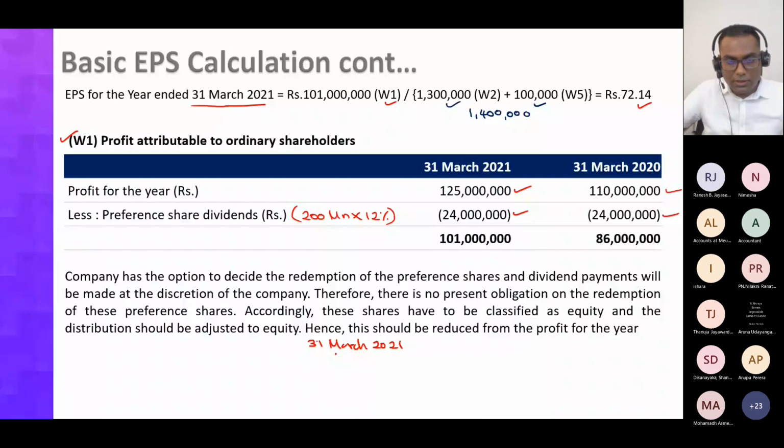I say my EPS is rupees 72.14. With this, I have to show the comparative number for 31st March 2020, last year.